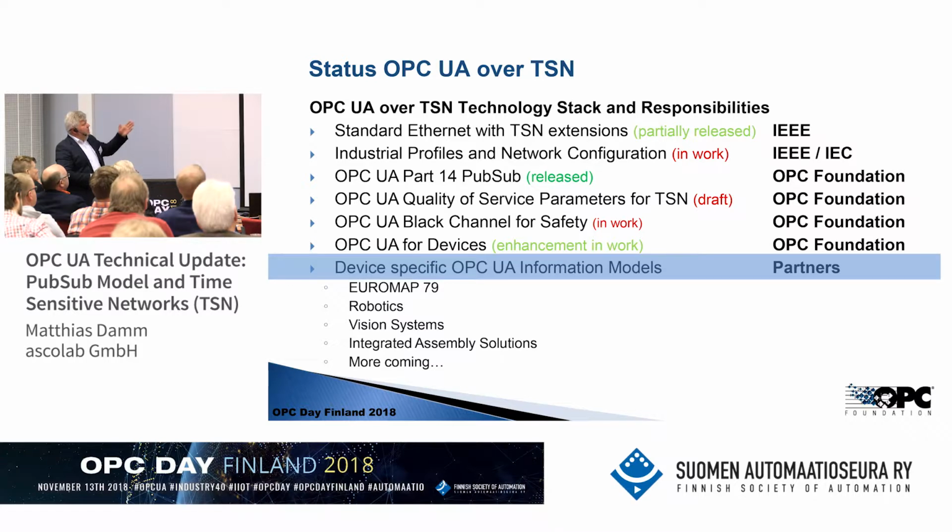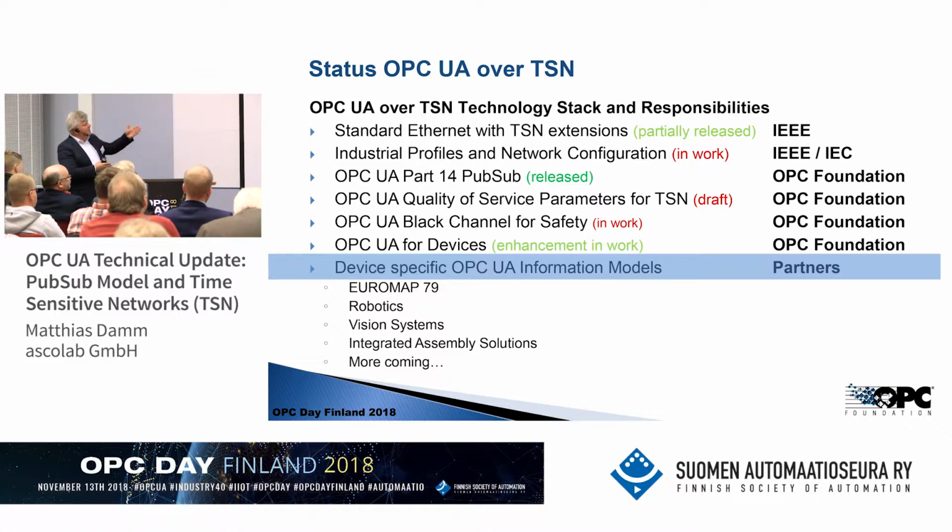And then, like what was mentioned before, we work with a lot of companion working groups that also have real-time requirements. One example is Euromap 79, which defines communication between injection molding machines and robots. There's a lot of information exchange necessary, but at the end of the day, they need to exchange position signals, and these signals need real-time behavior.